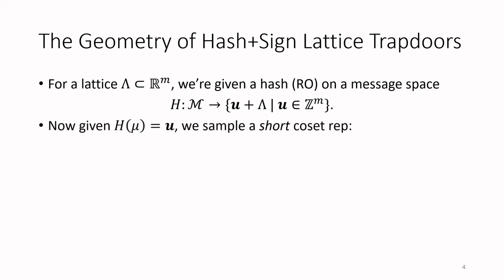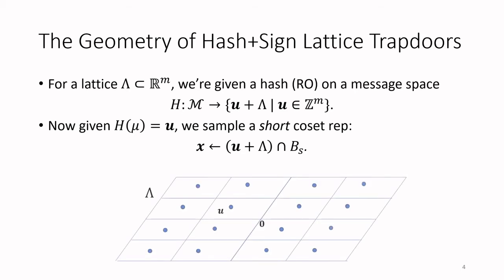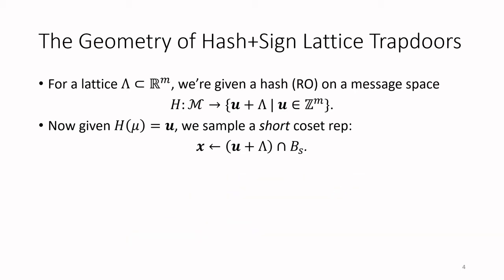Now, to sign a message, we first hash it to some coset, and then, using some trapdoor information, we're going to want to sample a short coset representative. And the reason we want to do this is that you can efficiently check a vector's Euclidean length, and you can also efficiently check whether a vector is in the correct coset or not.